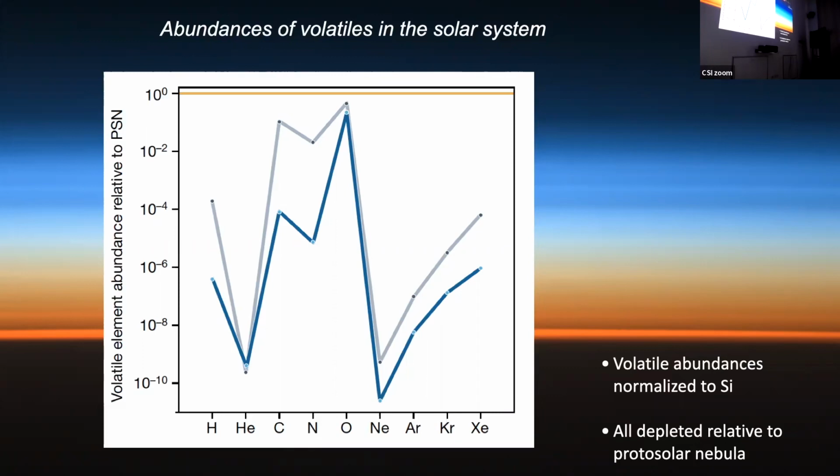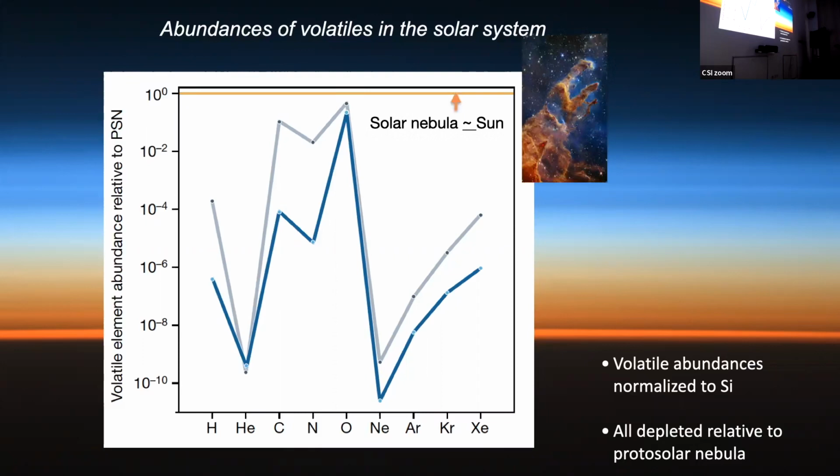So one can start with the abundance of the elements in different cosmochemical reservoirs. These are the abundances normalized to silicon, one of the elements, and normalized to the composition of the protosolar nebula, so the nebular gas from which the sun forms and which is inherited from the universe.